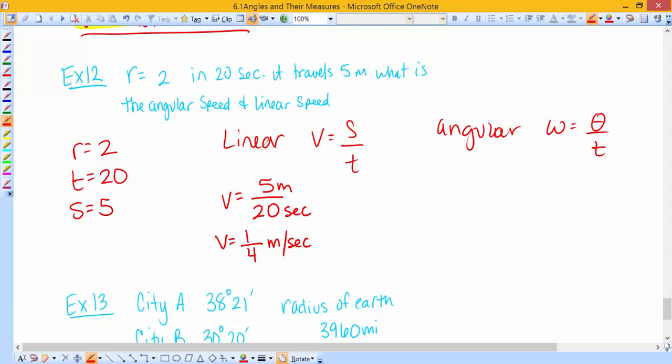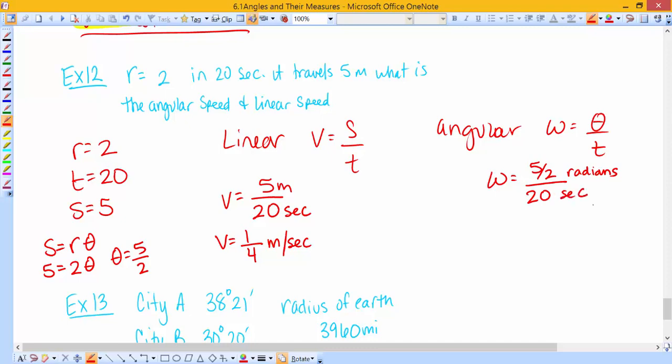Then I get to the angular speed. And for the angular speed, you need theta. Well, I'm not given theta, but I do know S equals r times theta. So my S is 5, my radius is 2. I can find theta. Theta is 5/2. So for my angular speed, I have 5/2 radians and my seconds is 20.